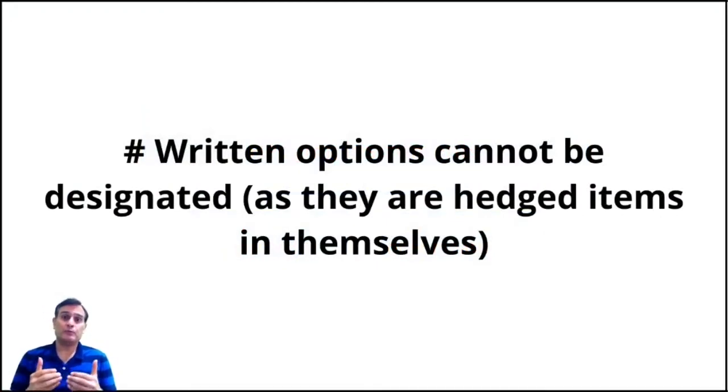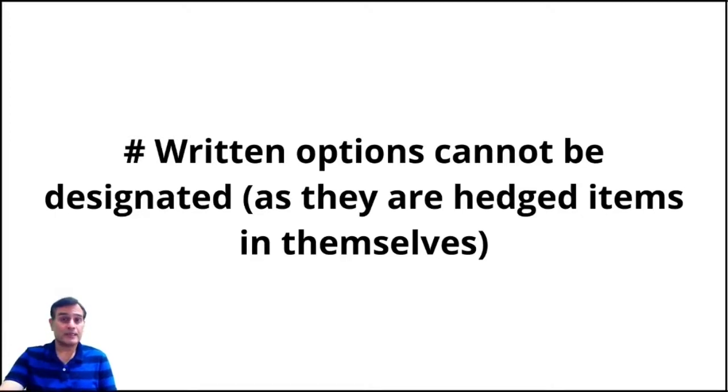When we have taken a short position in an option contract, then we say it's a written option, and it cannot be designated as a hedging instrument because it is a hedged item in itself. We need to minimize the risk associated with these written options. So they would rather be hedged items than be considered hedging instruments.